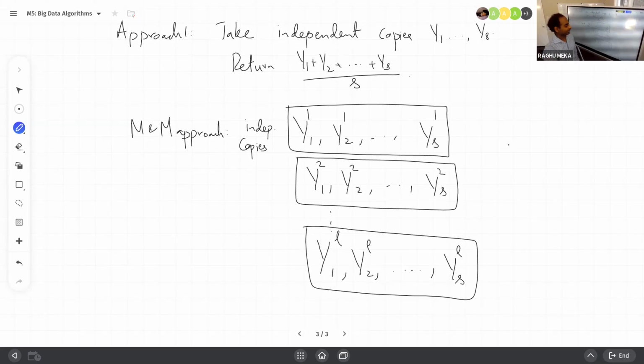And then I compute the average across the rows to get some boost in the reliability.